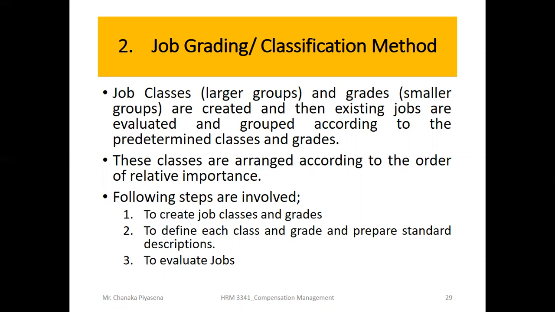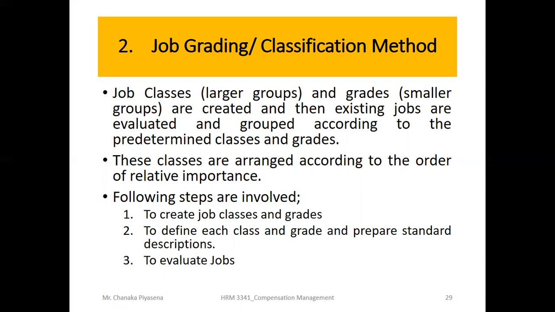Then we discuss the job evaluation. Under the job evaluation process, there are several steps. The first one, appoint a job evaluation committee, considering job analysis information. Then the job evaluation methods. There are 2 types of methods.